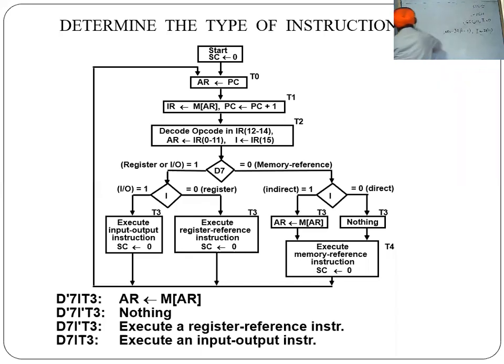I hope you have remembered this point. At last, when we covered the timing and control diagram, we saw that this is CLR and this is your SC, and initially this is 0. That is why initially SC is cleared to 0 always, right?